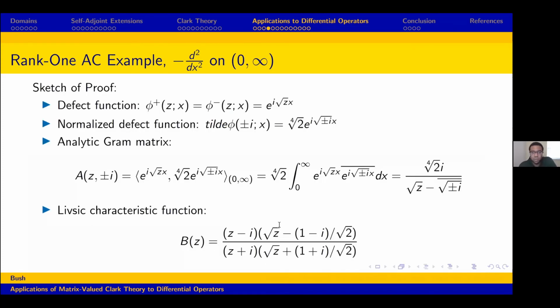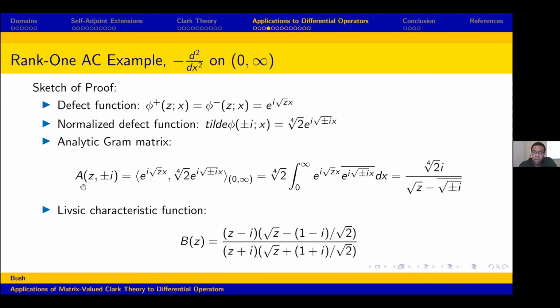And just a quick sketch of the proof. The way that all of these proofs are going to go is they start with some computation. You compute the defect functions, which involves solving an eigenvalue problem. Then you're going to normalize those, in particular with respect to plus or minus i.